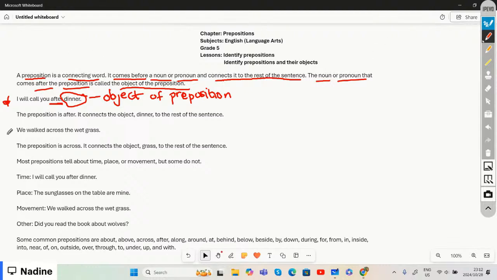If we look at another example, we walked across the wet grass. We need to identify the preposition and the object of preposition within that sentence.